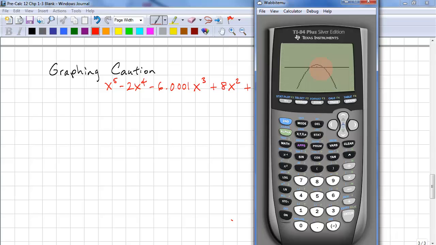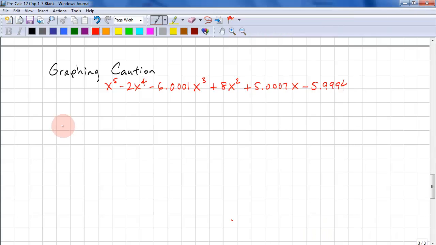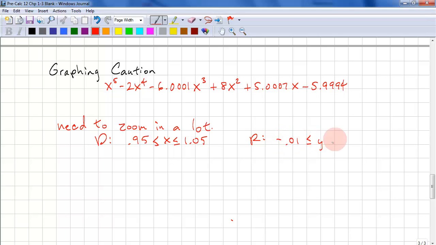It's very important to not get caught up in a graphing error. We need to zoom in a lot. So our domain for the window is 0.95, 1.05, and our range is negative 0.01 to 0.01.